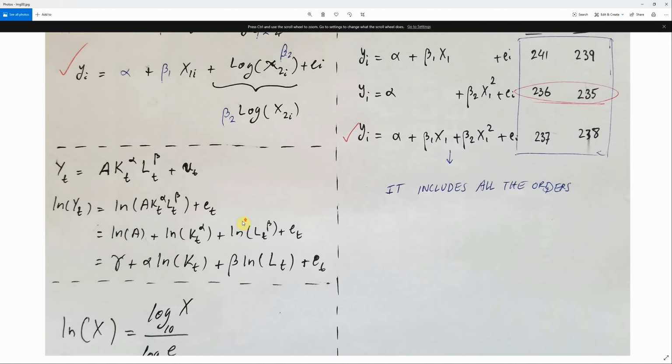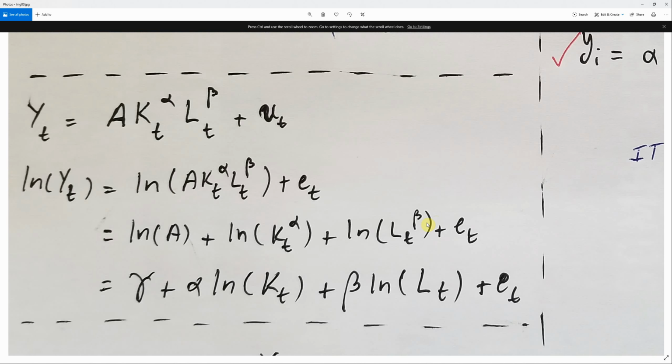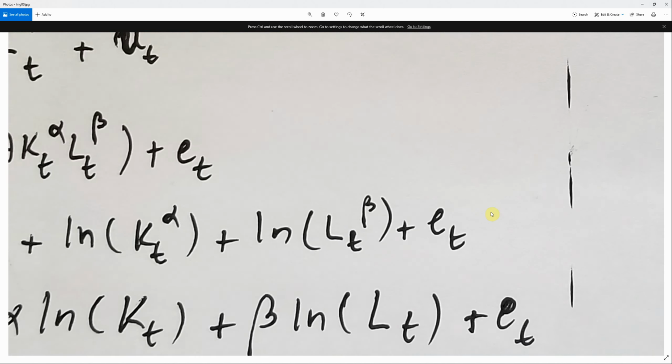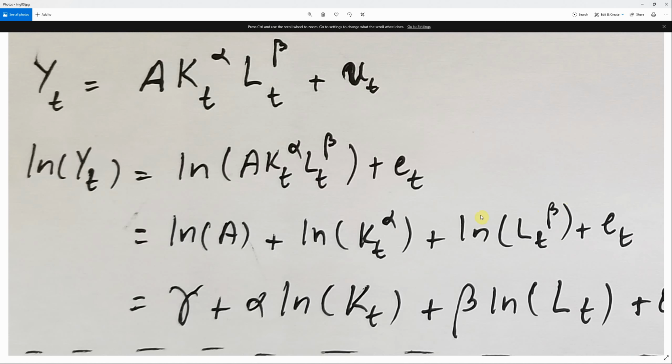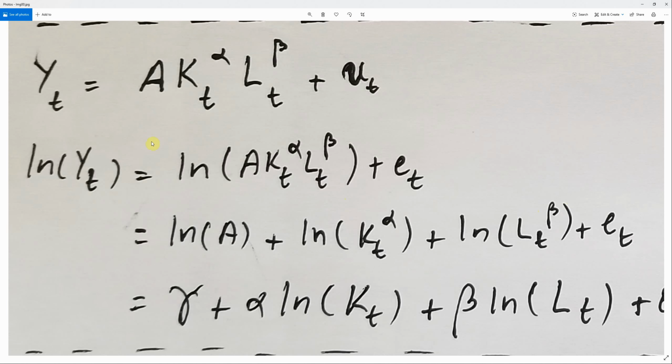We can look at that over here. If we look at that Cobb-Douglas function and take the log of these terms, and in this case, the log that we are taking is the natural log, whose base is e, the natural constant.